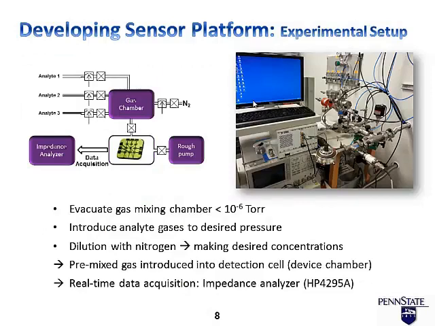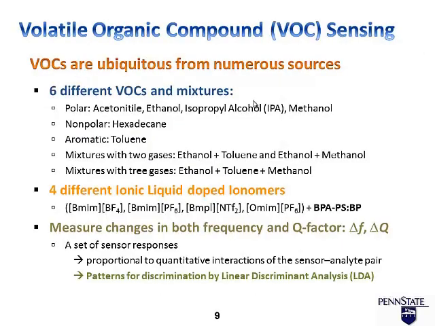The analytes and their mixtures are premixed in the gas mixing chamber and then introduced into the detection cell. The steady state response of our sensing system is observed by an impedance analyzer.